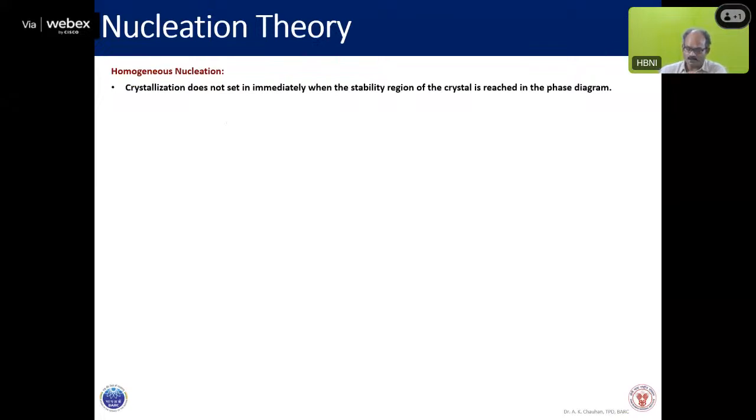Why will it not crystallize? Because it does not set immediately. See, suppose you have a phase diagram. As I said, suppose the melting point is 1000 degrees centigrade, and it comes to 1000 degrees centigrade. It cannot immediately become solidified. It can go even down to 950 degrees centigrade. Though the melting point is precise, 1000 degrees centigrade, the melting point has not changed, but it has come down 50 degrees lower.